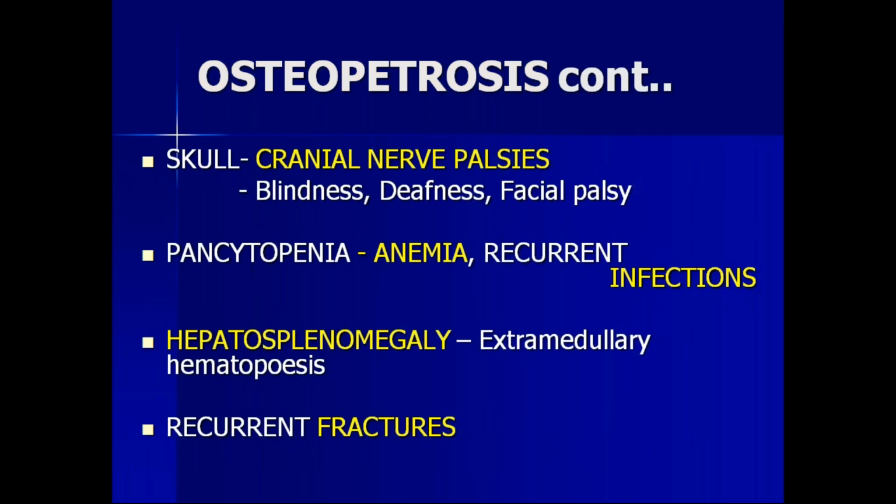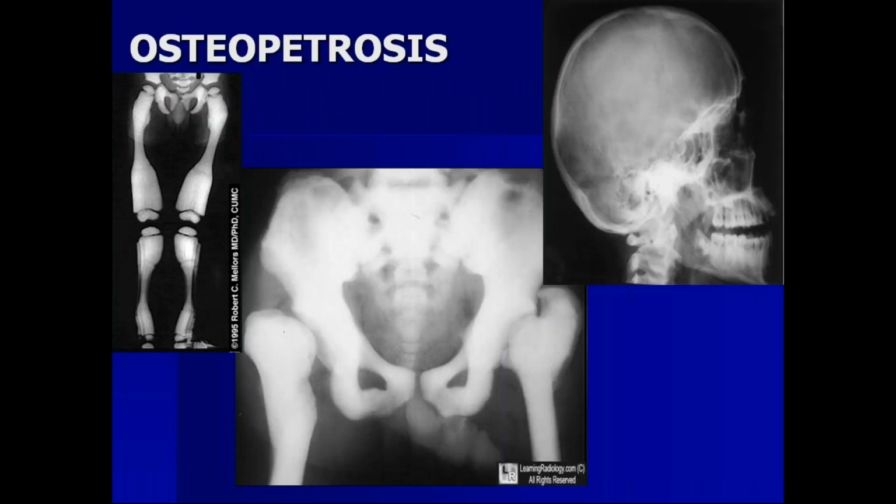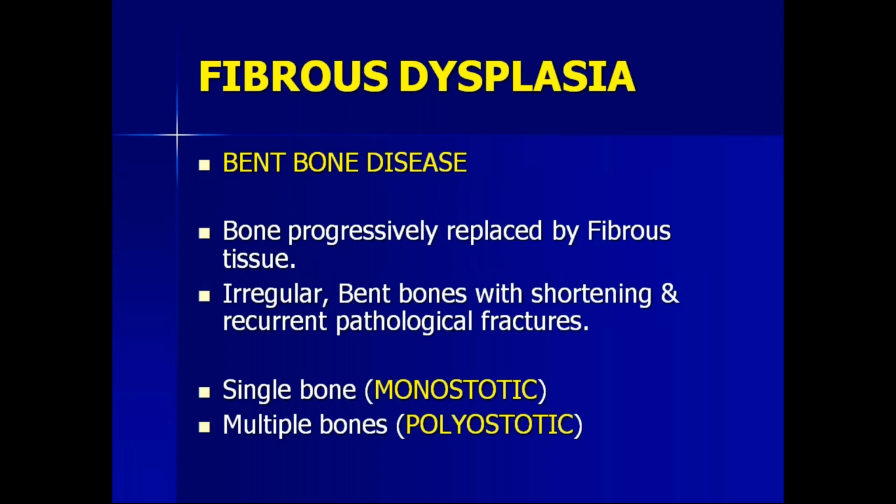And neural foramina can be blocked by increased bone formation, and they can have cranial nerve palsies. Anemia, because the marrow cavity is infiltrated. Extramedullary hematopoiesis, hepatosplenomegaly, rugger jersey spine, and you have a marrow completely obliterated with sclerosed bone. Bone marrow transplantation is the treatment.